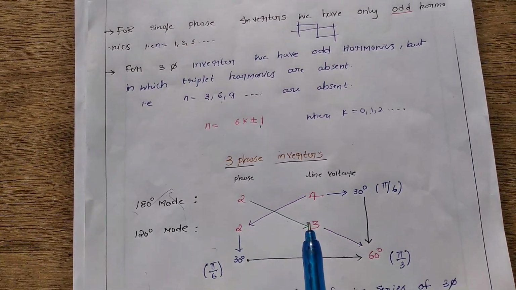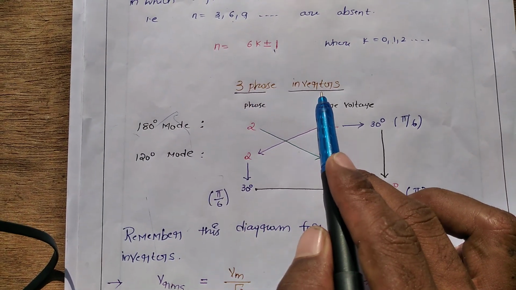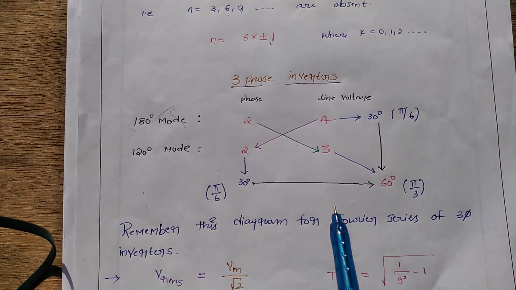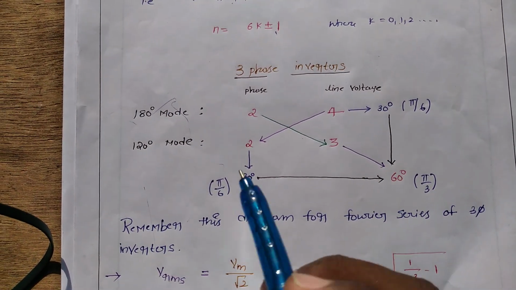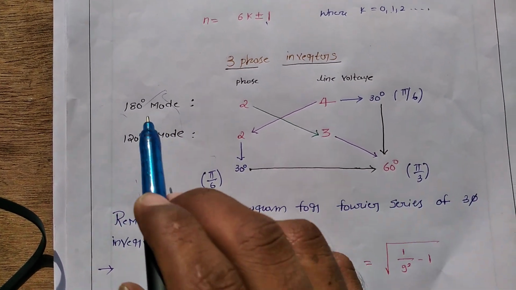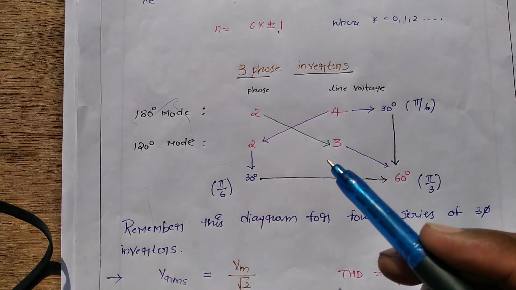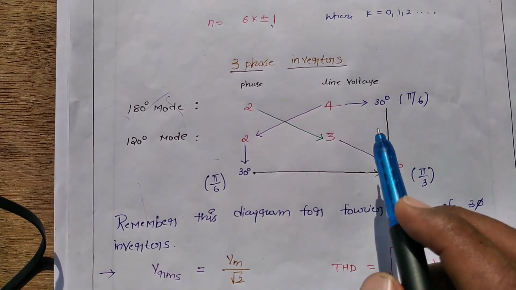Now for writing the formulas for three phase inverter, I have taken this diagram. This is a short trick, a tool to remember all these formulas. In exams you don't have much time to derive all the Fourier series expressions, so it is better to remember like this.